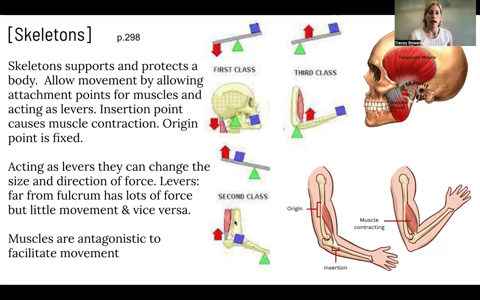There's not a lot of movement as your heel rises up, but there is a lot of strength. You can lift your whole body that way. And then a third class lever is quite close to the actual muscle action here. As a result, you have a big range of motion, but you don't have as much force as you would with, for example, your foot here.